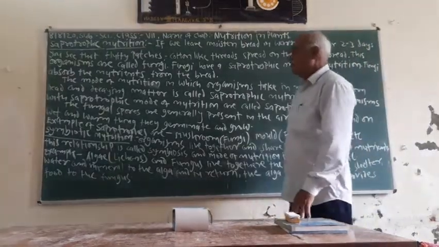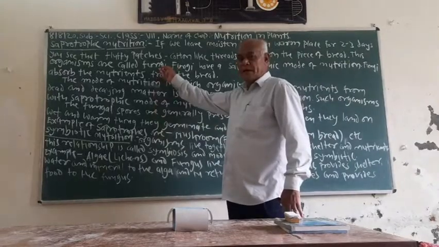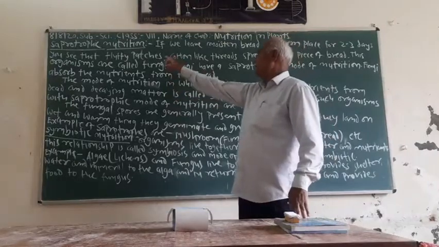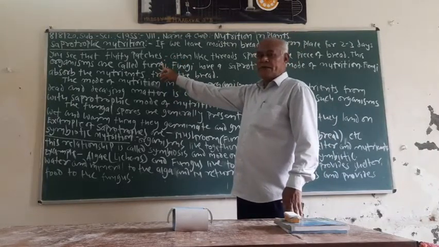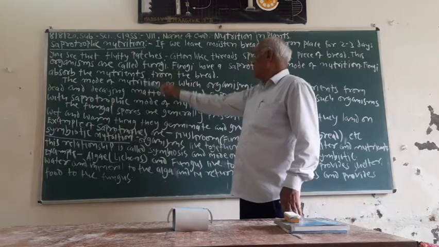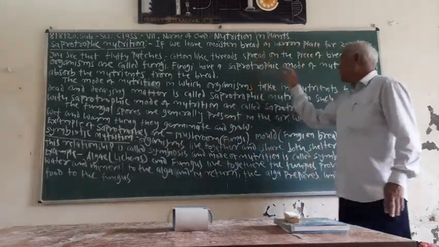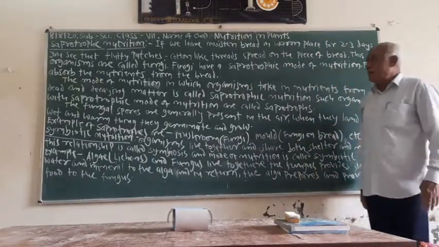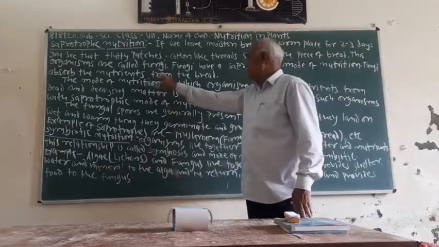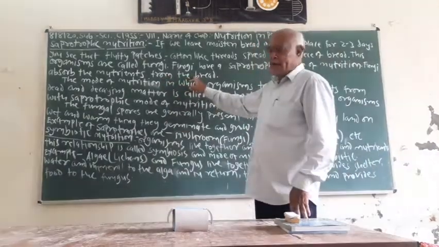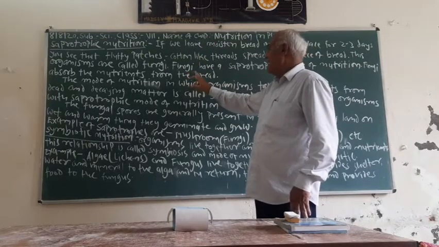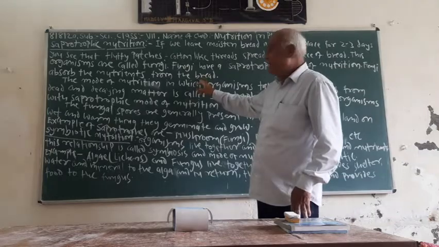These organisms are fungi. These cotton-like threads or fluffy patches are fungi which have grown on the piece of moistened bread. Fungi have a saprotrophic mode of nutrition. Fungi obtain the nutrients from the bread, and the piece of bread is dead and decaying matter.